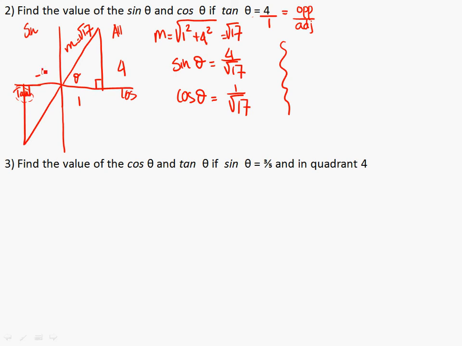This then would be a -1, and this would be a -4. Is -4 divided by -1 still 4? Yeah? Okay. Well, then we better give more answers here. The sine also could be what? Negative 4 over the square root of 17. And the cosine also could have been what?